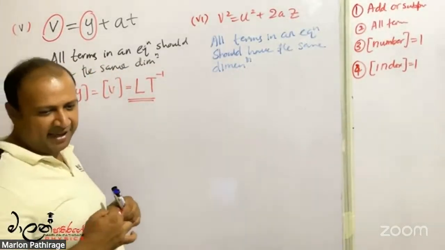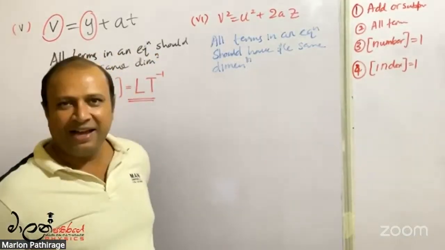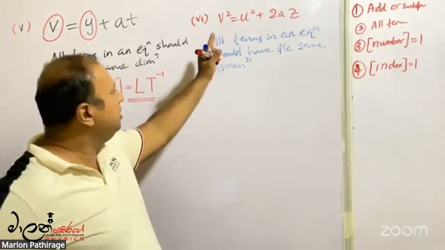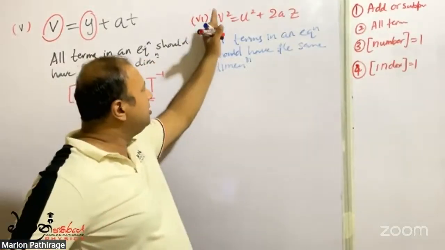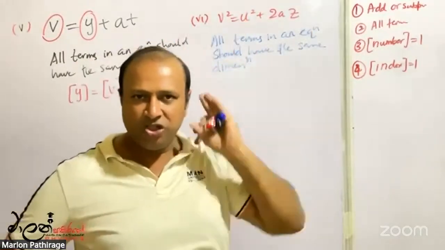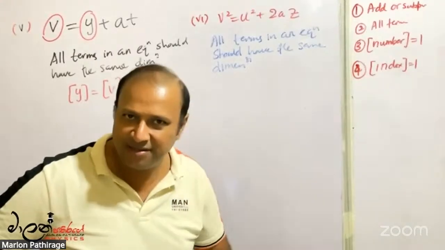Again, we have to use the same argument. What is the argument? If this is an equation, all the terms in this equation should have the same dimension. Is it clear? If it is clear, please raise the hand.